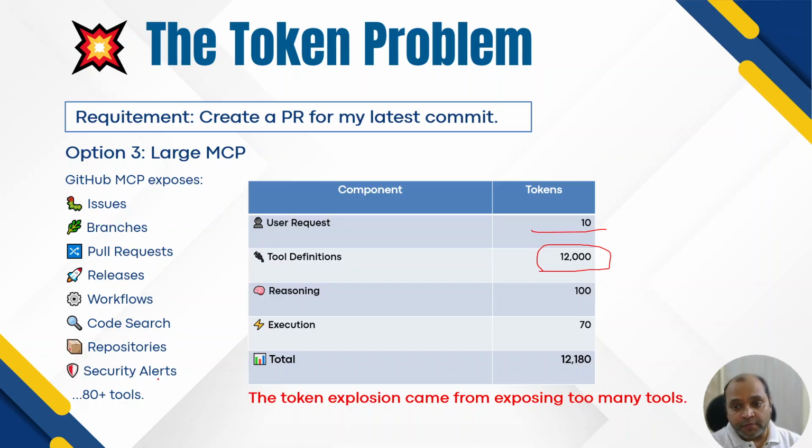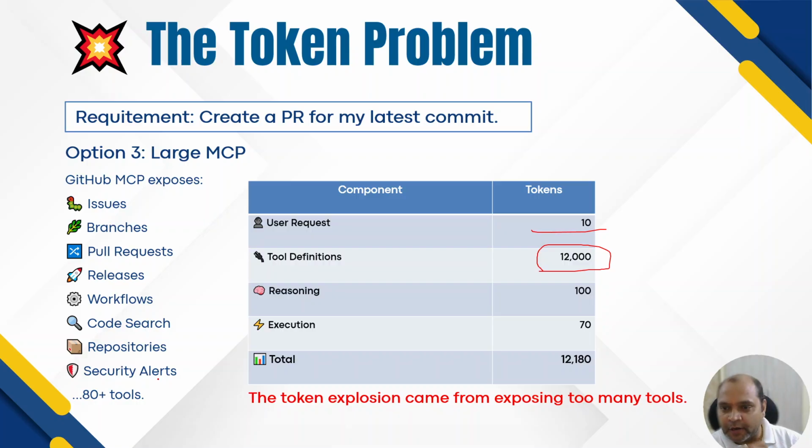Then the tool schema increases, right? So when you raise a prompt to your agent, the agent will check the definitions of all available tools, and then the LLM will recognize what tool needs to be called to fulfill your requirement. That is the main demand, right?